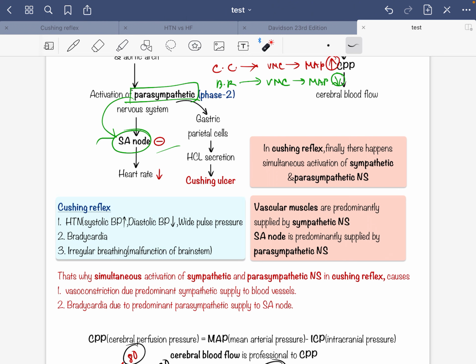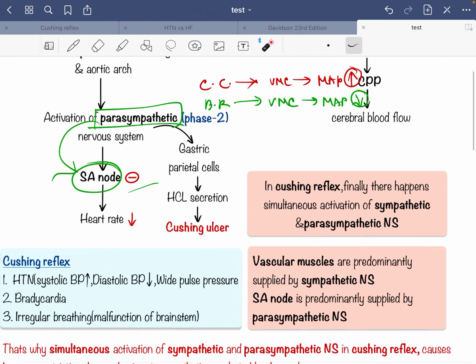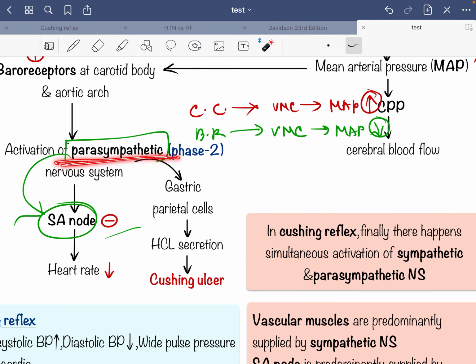Okay, so as the parasympathetic stimulation is increased, an interesting thing happens, and this is Cushing ulcer. Why? Because the parasympathetic nervous system will activate the gastric parietal cells more and more, through muscarinic 1 receptors and muscarinic 3 receptors. I have discussed it in one of my pharmacology lectures.